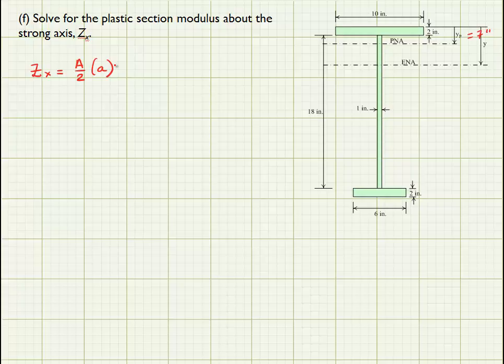So effectively what we need to do is define the location of the compression and tensile force resultants, and then we need to multiply that moment couple by a distance. So our first step is going to be to solve for the centroid of the area in compression, and then we'll solve for the centroid of the area in tension, and that's going to tell us where those force resultants are located on the cross-section.